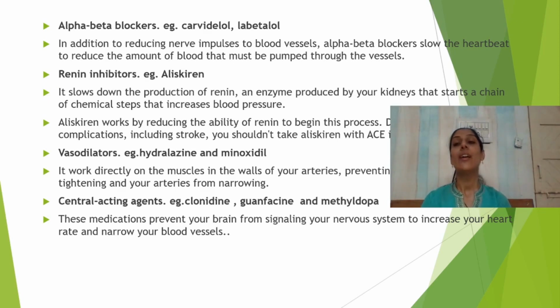The next is renin inhibitors. Example is aliskiren. Renin inhibitors, as the name suggests, inhibit renin, an enzyme produced by the kidney which regulates the blood pressure. So it lowers the amount of renin. The next is vasodilators. Examples are hydralazine and minoxidil.